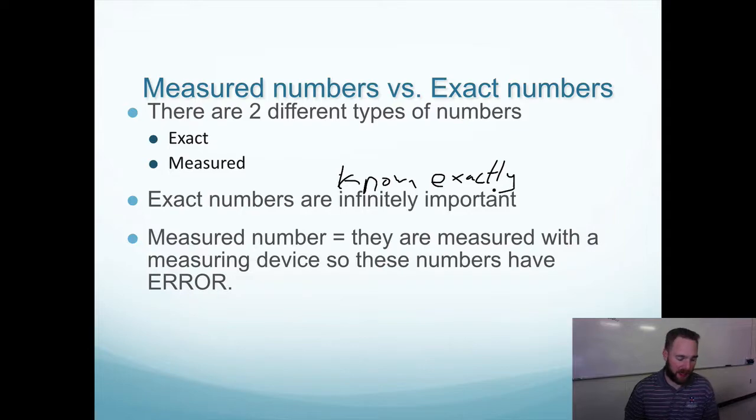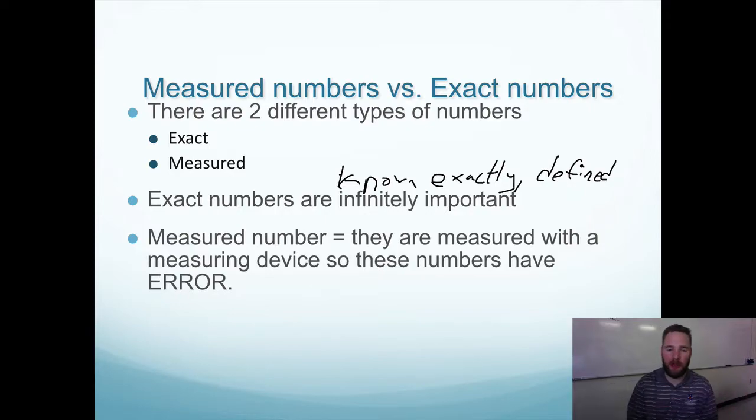Who would have guessed that? Known exactly, or defined. We'll look at some examples of this in a second, but these are exact. They're very important. They're known exactly. They're defined numbers.